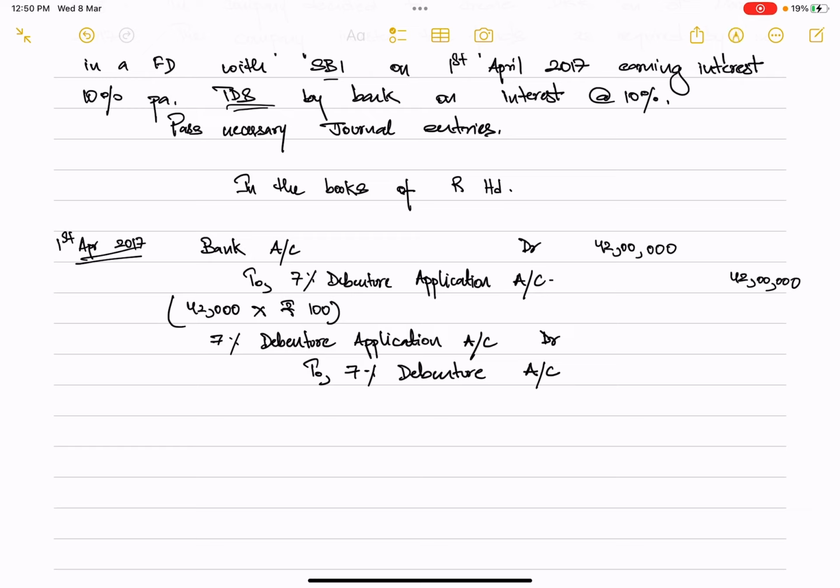The 7% debenture account value will again be 42 lakh rupees. No changes, no premium, no discount. So no other entries are required in this.